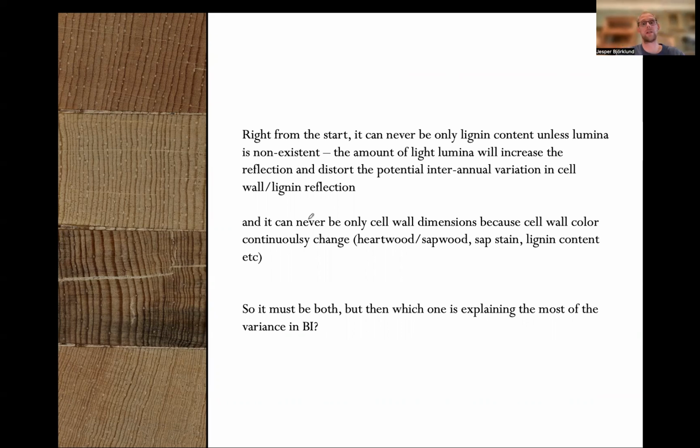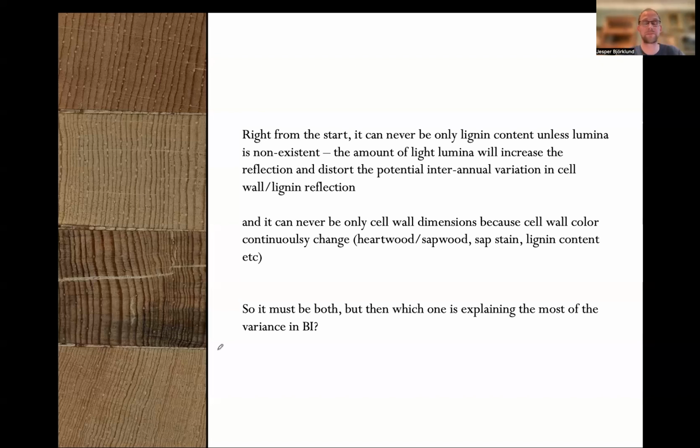And it can never be only the cell wall dimensions, because the cell wall color continuously changes. You can see here from a deadwood sample, it's on average darker than a living tree sample. And the deadwood sample has maybe a bit of a sap stain. So you can see that the cell wall changes continuously, and this will have an effect on the BI measurement.